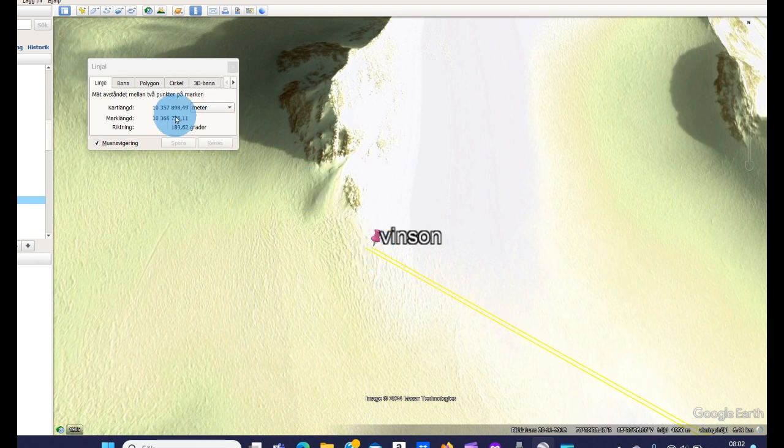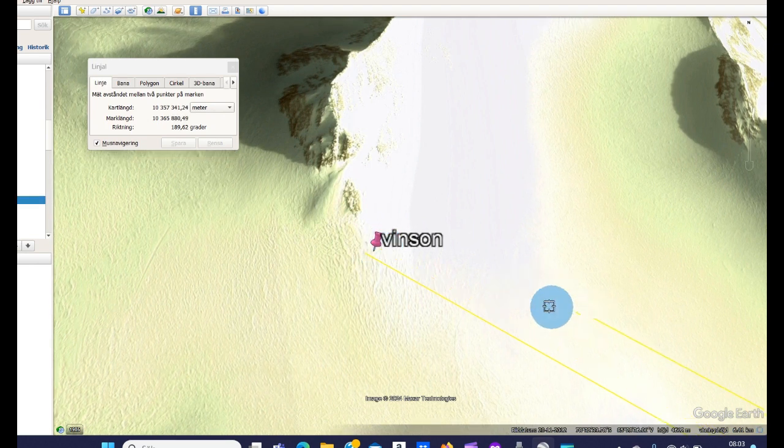And here we have it in the middle row this time, the ground length distance. So we had to make a shift between map and ground length here. 10,366 and 700 we have here in meters.